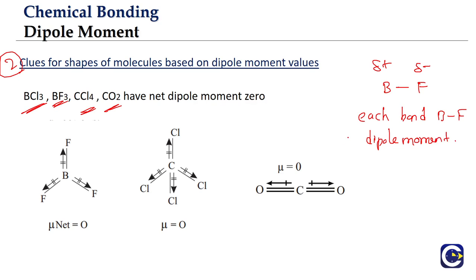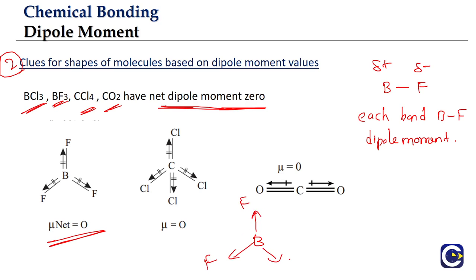But what is experimentally found is that the BF3 molecule has net dipole moment 0. For BF3, the net dipole moment is 0. So in BF3 there are 3 boron fluorine bonds. Each bond has a dipole moment. So how could the net dipole moment become 0?